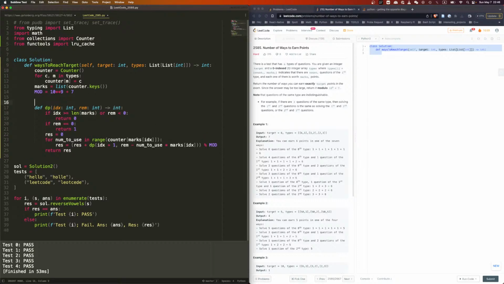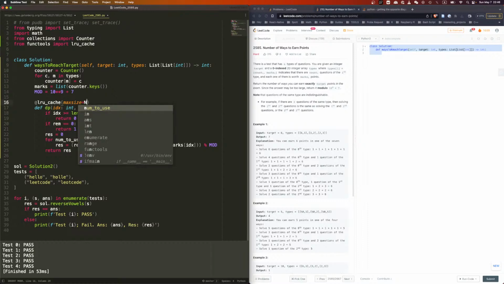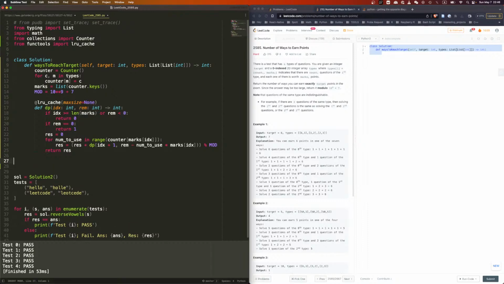Now cache this function. Then we're going to call dp, start with 0, remaining as target. Can we just return this?